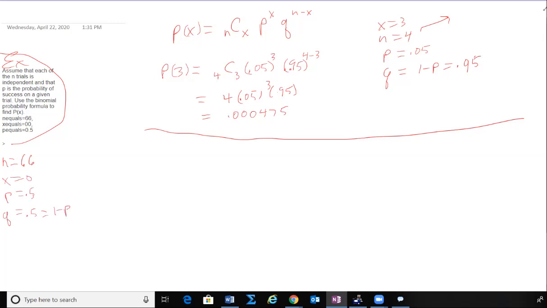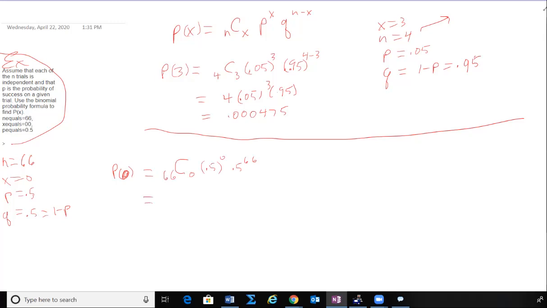Okay, all right, so we're going to use our formula here. The probability of getting 0 successes where we had 66 trials. The probability that we would have 0 successes in 66 trials, with a probability of success being 0.5, would be this.